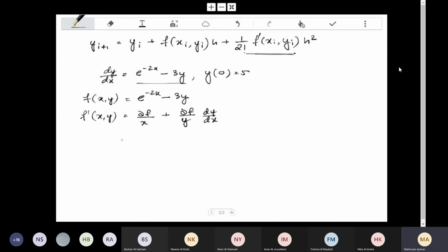So the partial derivative of the function with respect to x will be minus 2 times e to the power minus 2x, and then you have the partial derivative of the function with respect to y, which is minus 3 times dy by dx, which is e to the power minus 2x minus 3y. So that's dy by dx written here, and that would sum up to minus 5 e to the power minus 2x plus 9y.